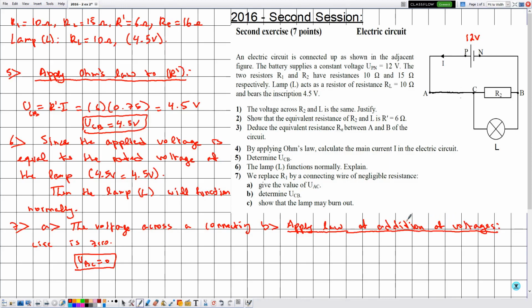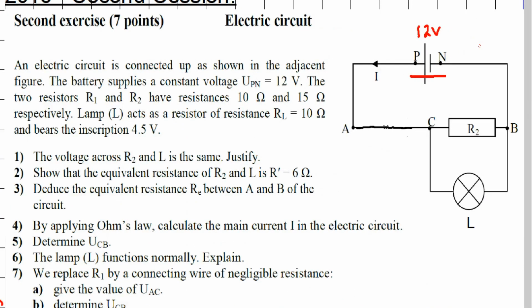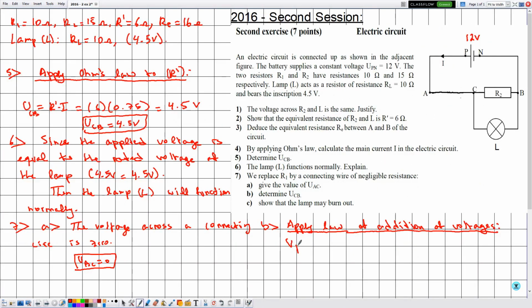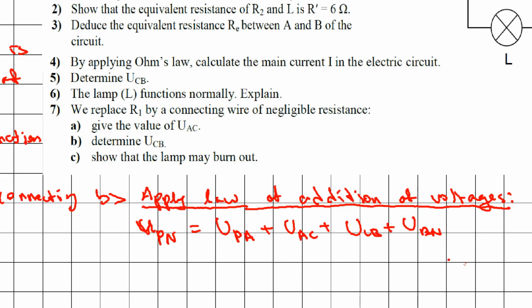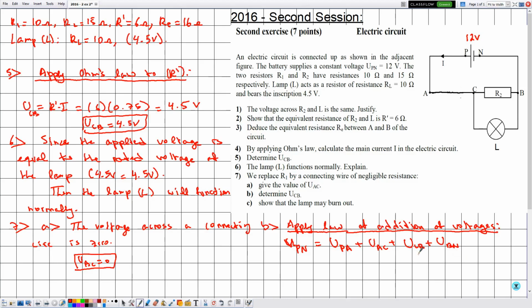Always on the left we write the voltage of the battery, which is given by UPN, and on the right we'll go across different electric components starting from P and ending with N. Then UPA plus UAC plus UCB plus UBN. So we have started with P and ended with N, and each point we have inserted it twice. And we are interested in calculating the voltage UCB.